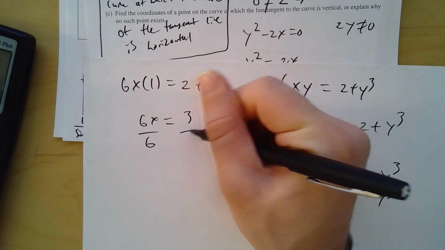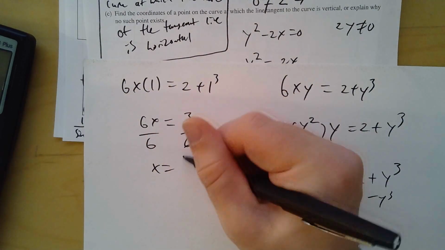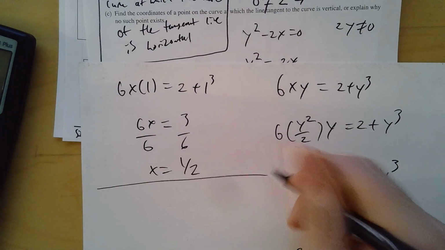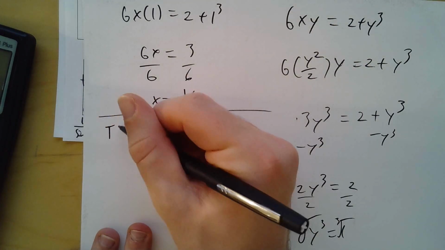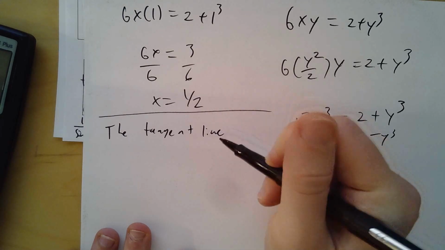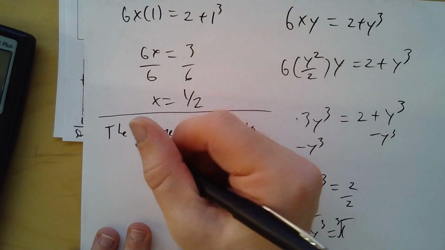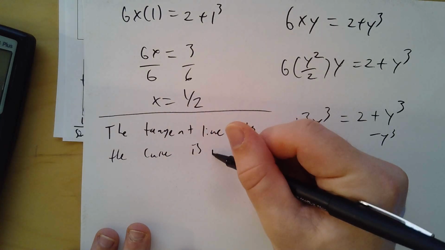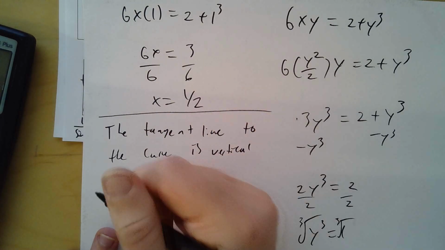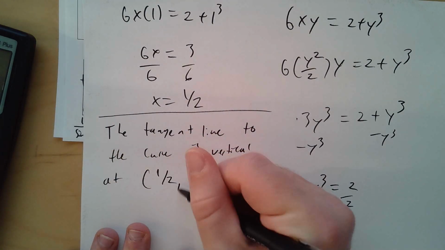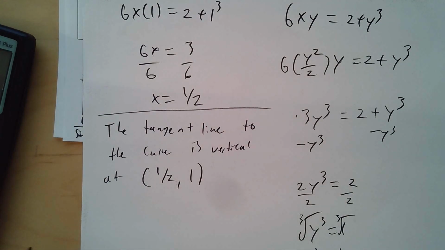Divide by 6, x equals 1/2. So therefore, the answer: the tangent line to the curve is vertical at (1/2, 1). That's it.